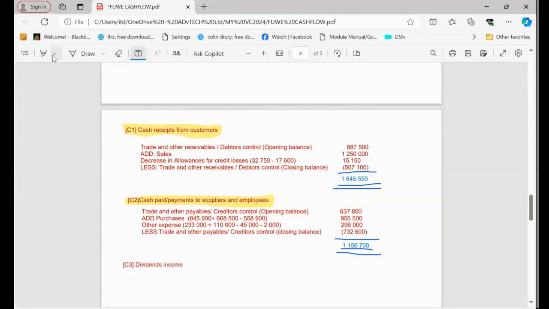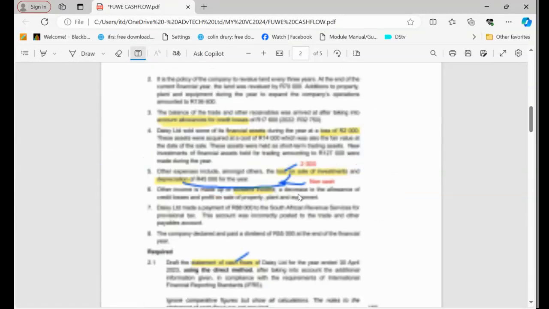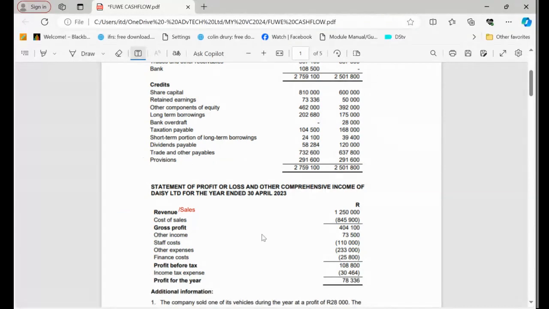And for this dividends income, I'm going to need, remember, I'm going to take the other incomes. If we check the other income up there, the other income is how much? Can you see this one?